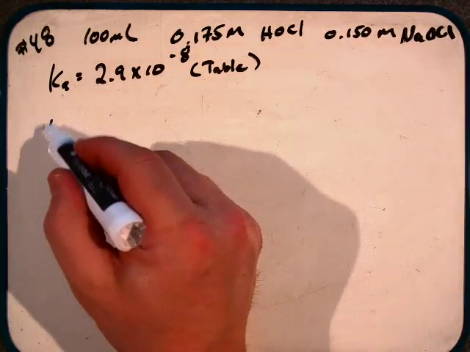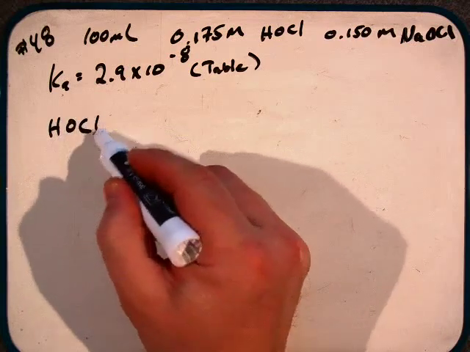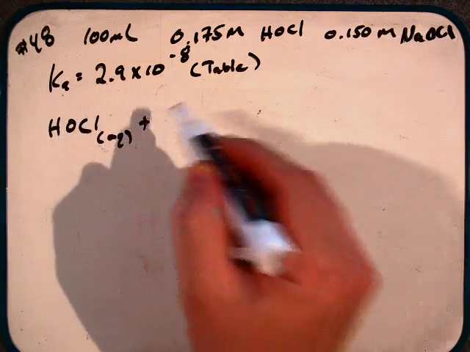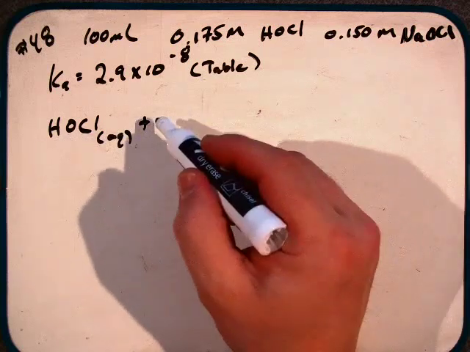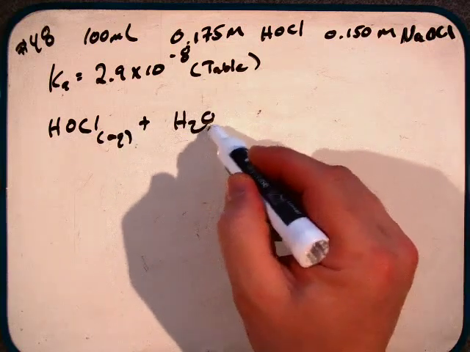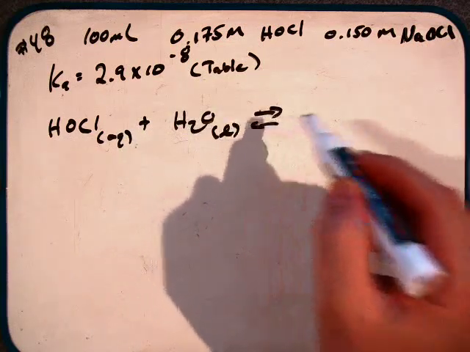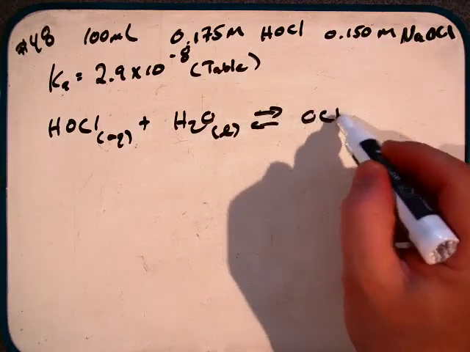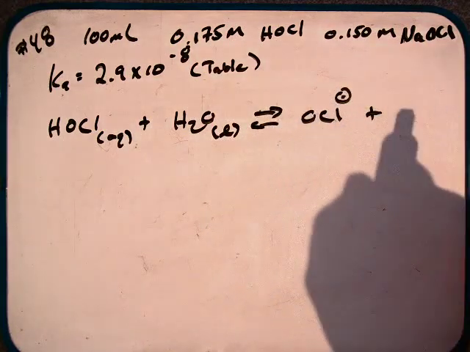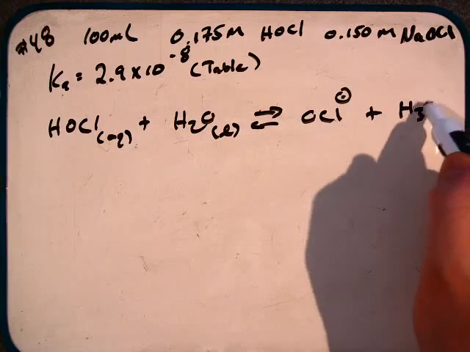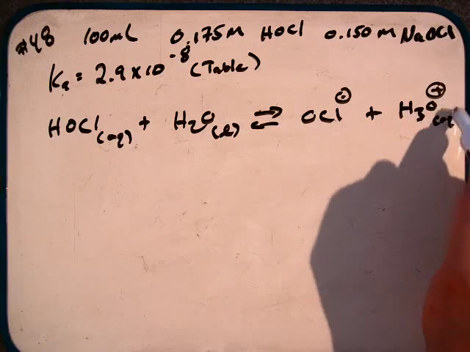And we also have to write our equilibrium with regards to the parent. So the hypochlorous acid, or HOCl, is our parent acid, and that's reacting with water in an equilibrium to produce hypochlorite and hydronium ions.